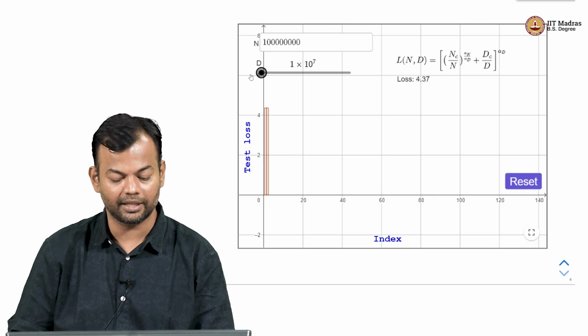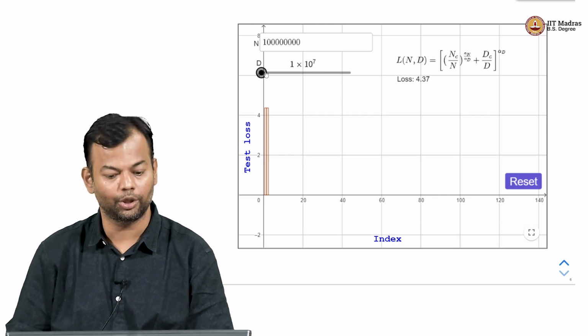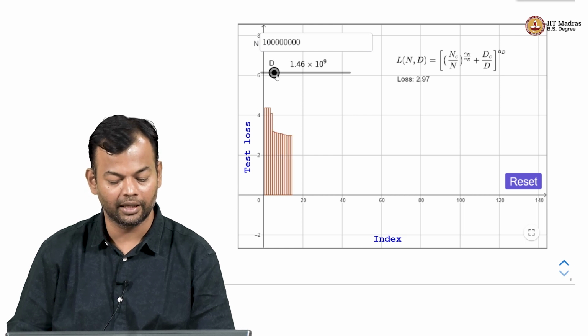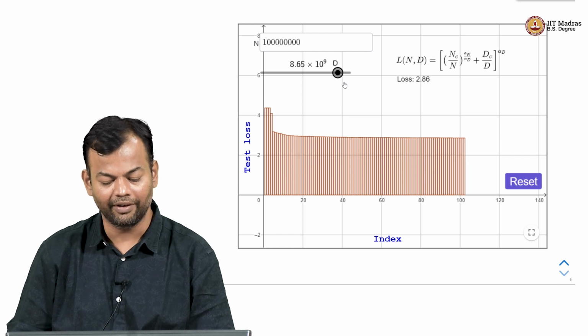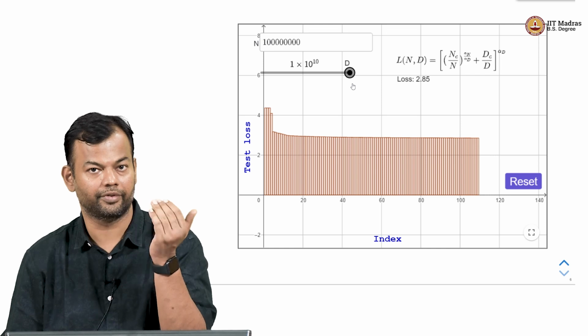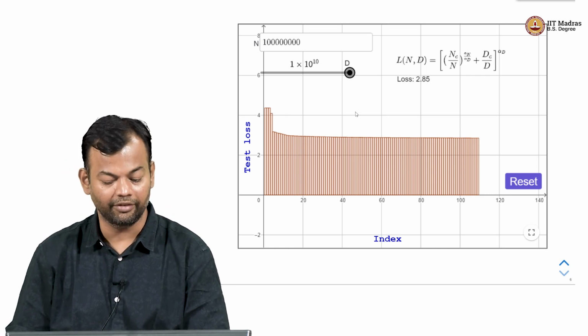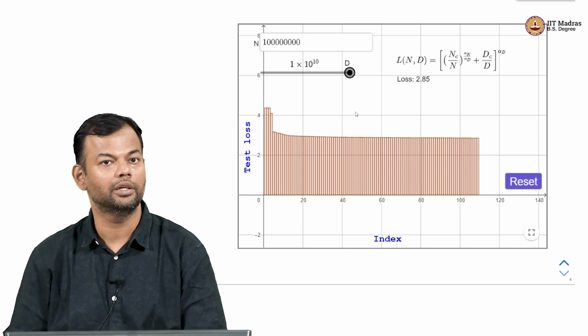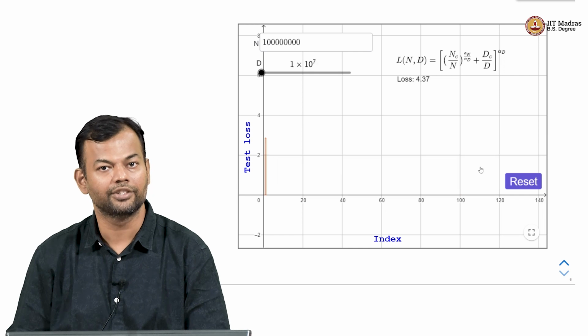Now what happens if I increase the amount of training data? So this is 10 million tokens and I'll keep moving it so that it increases in steps of 10 million. You can see that given the model size, after a point my test loss is going to saturate. It will decrease initially, so that means 10 million tokens is not enough. I could have gotten a smaller test loss by choosing a slightly larger number of tokens.